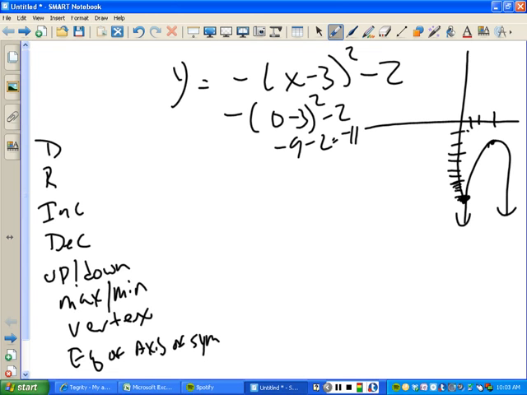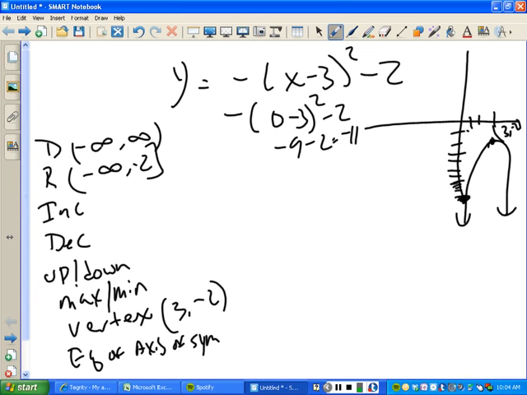The domain is negative infinity to infinity. We've gone over 3, down 2, so 3, negative 2. By the way, that's your vertex, 3, negative 2. Okay. What's the range? Negative infinity to negative 2.